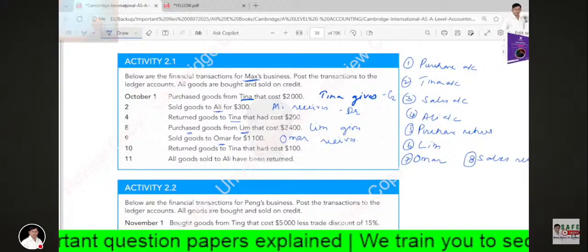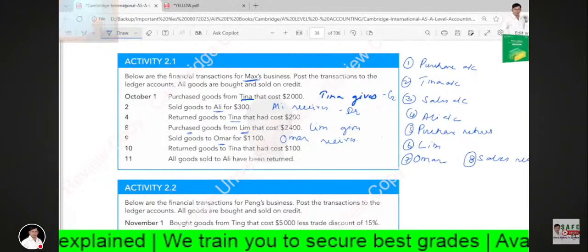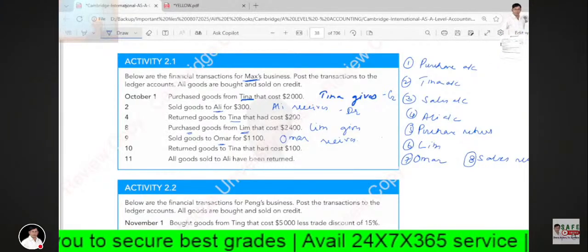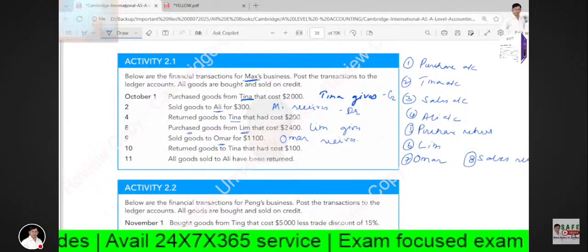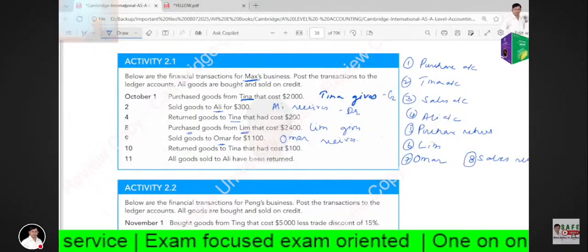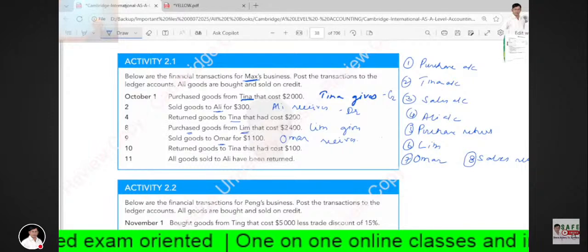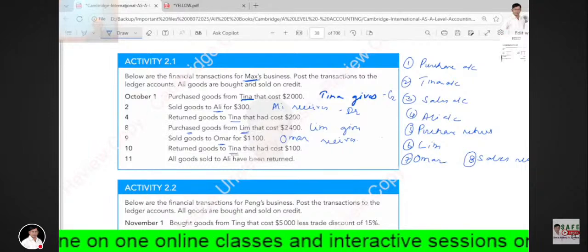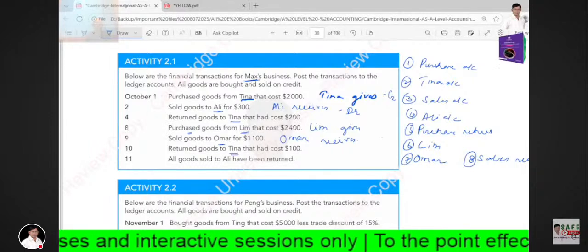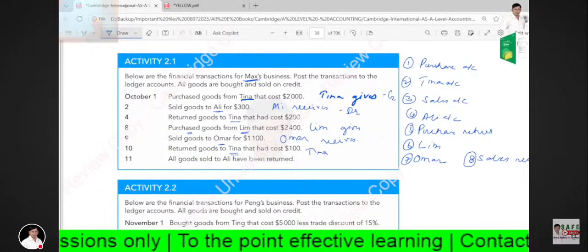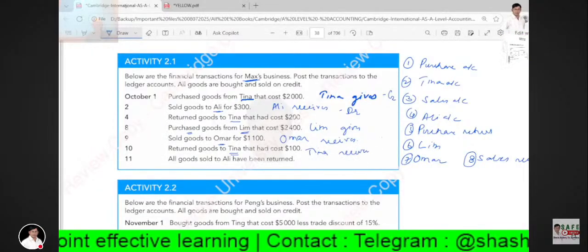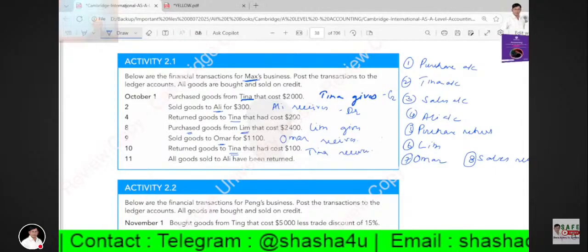Return goods to Tina that had cost 100. So we have returned goods to Tina, which means Tina will receive. Tina receives, so when she receives, her account will be debited.